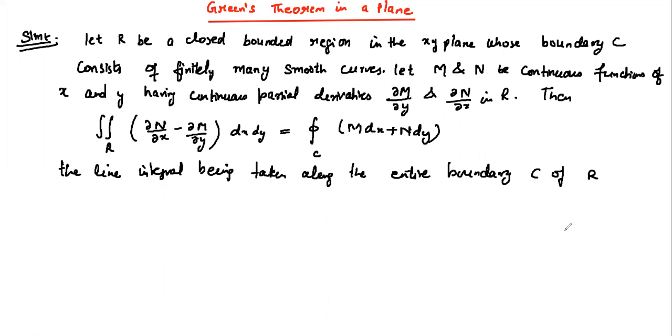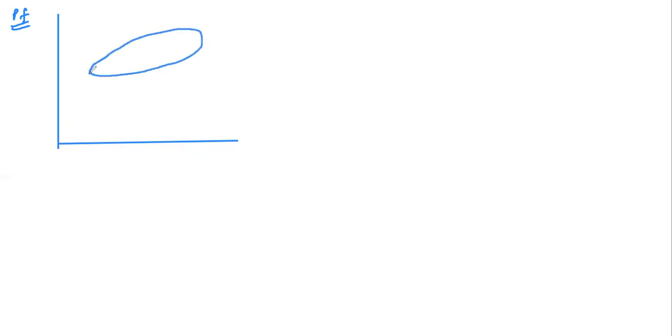Okay, so let's continue with its proof here. We consider a curve here. Let's suppose the curve is this, any arbitrary curve, and suppose this is the x-axis, this is the y-axis, and this is the origin.